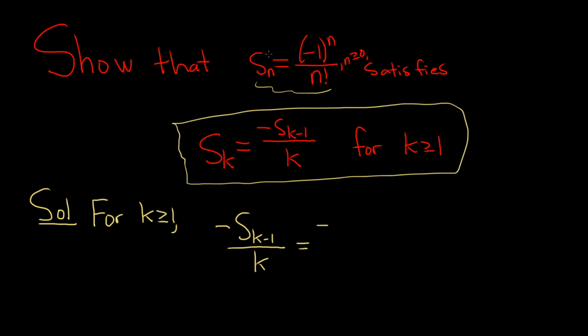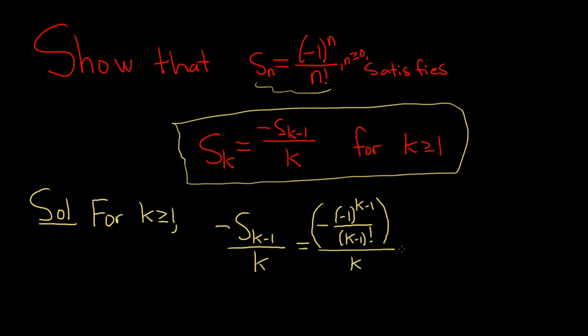So now we're going to use the formula for s sub n. We're just going to replace all of the n's with k minus 1's. So it'll be negative 1 to the k minus 1 over, and then here we have k minus 1 factorial. So that's the top piece. And on the bottom, we just have our k.